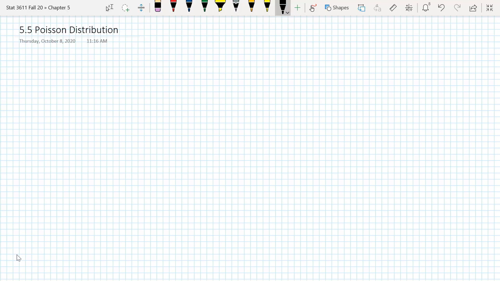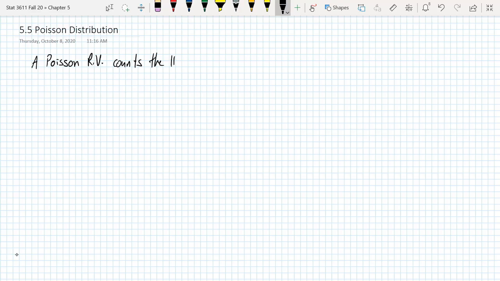Okay, so what does a Poisson random variable do? A Poisson random variable counts the number of events occurring in a fixed interval of time. So this is really about counting.